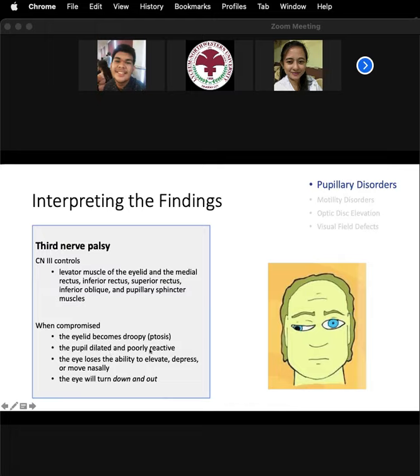The pupil becomes dilated and poorly reactive to light. This one is a little bit smaller than the pupil here, so it is dilated. The eye loses the ability to elevate and depress or move nasally. Basically, your eye is down and outwards, so down and out. That's cranial nerve 3.